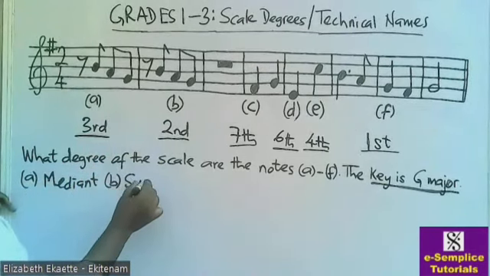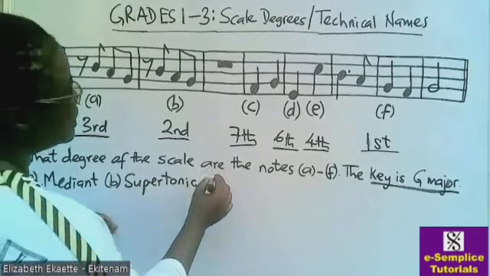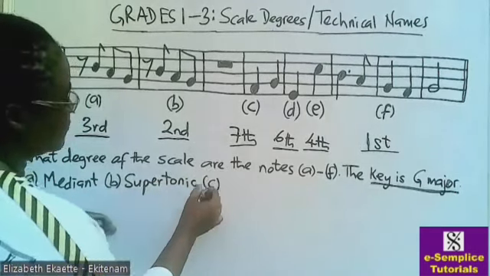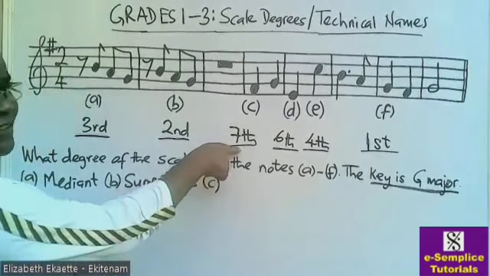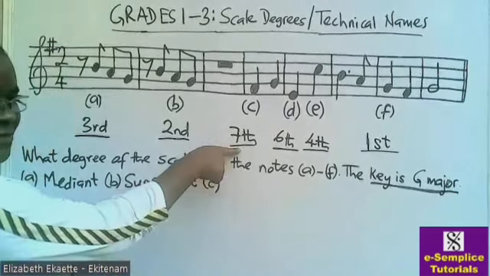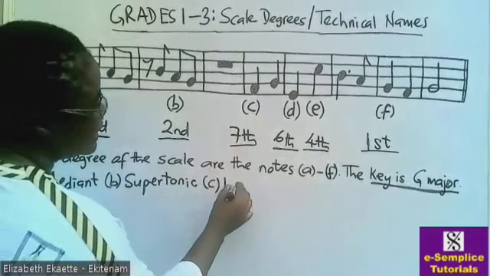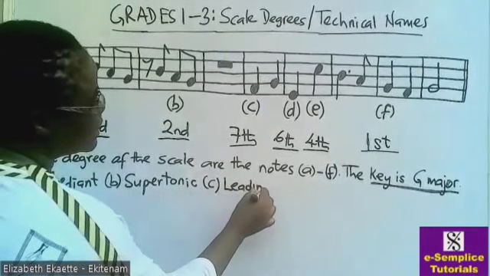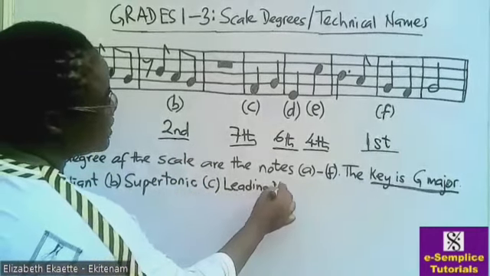Then we go to note C. Note C is the 7th degree. The 7th degree in a major scale is called the leading note.